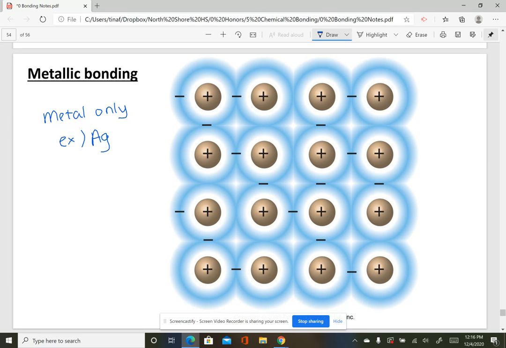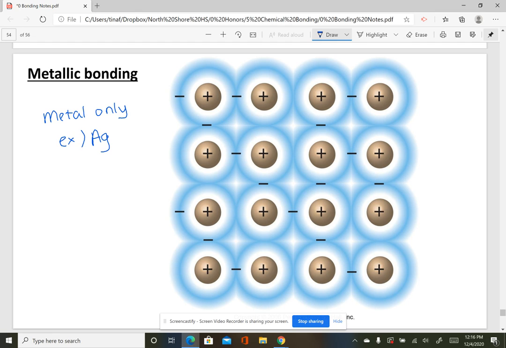If they give you silver as an example and ask you what kind of bonding is in silver, you can say metallic bonding. It doesn't have to be a compound, because when you picture a silver piece of jewelry, think about how many silver atoms make up that piece of jewelry. Those atoms have to be held together in some way, and they're held together by metallic bonding.